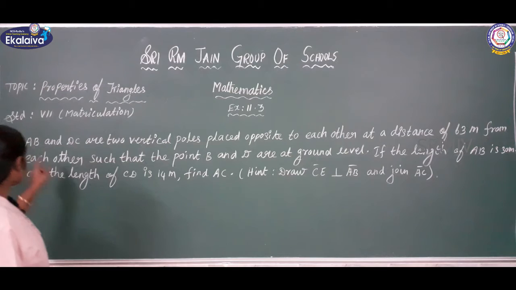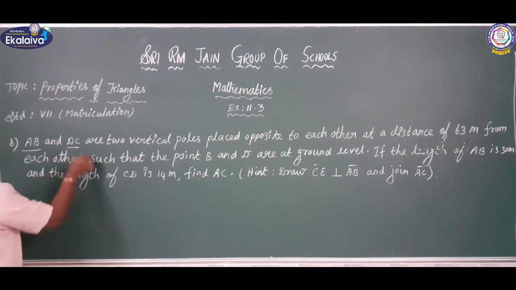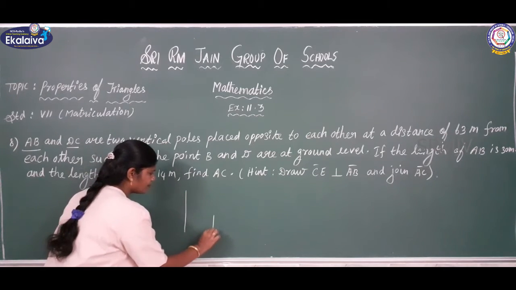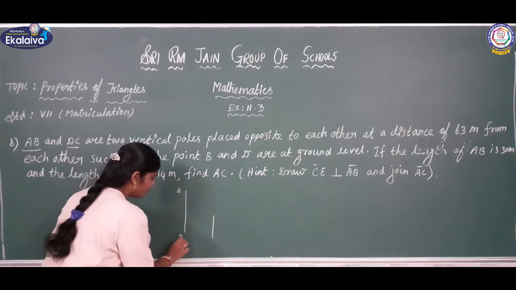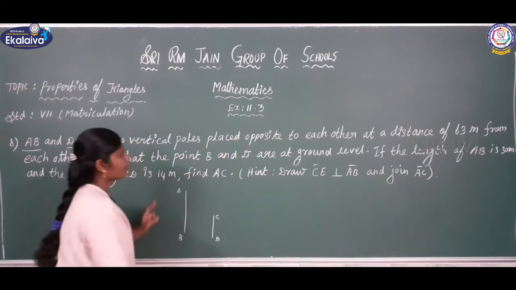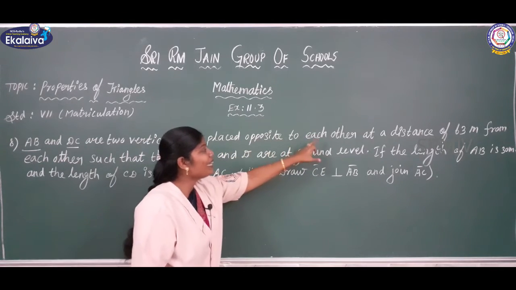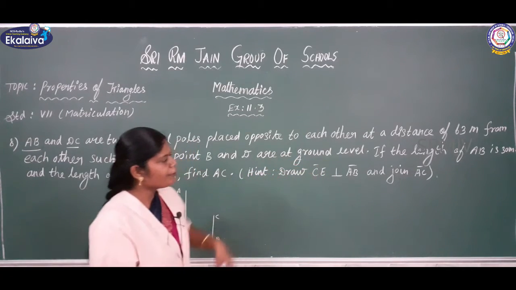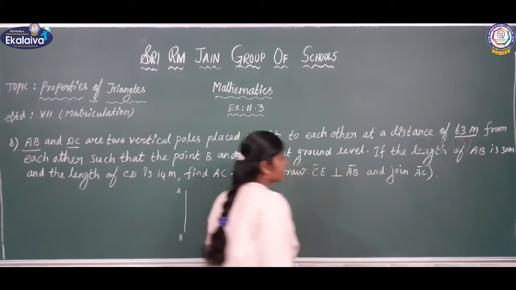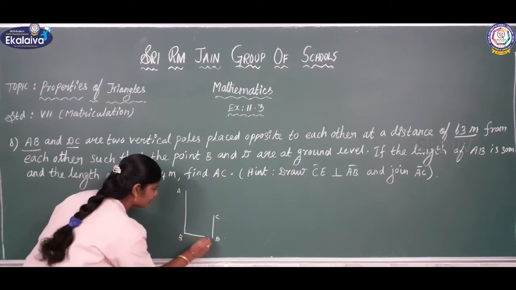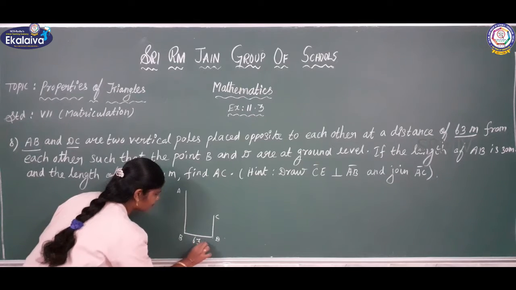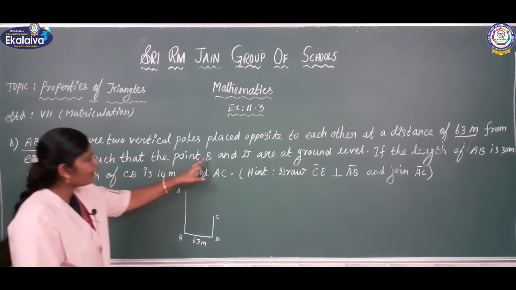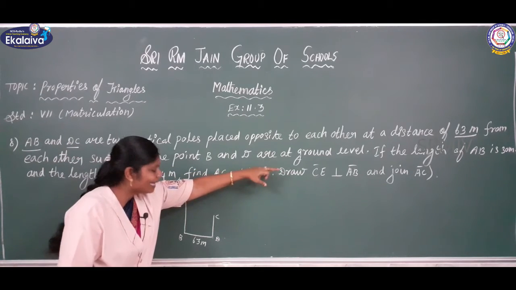The next question. AB and DC are two vertical poles, placed opposite to each other at a distance of 63 meter from each other, such that the points B and D are at ground level.